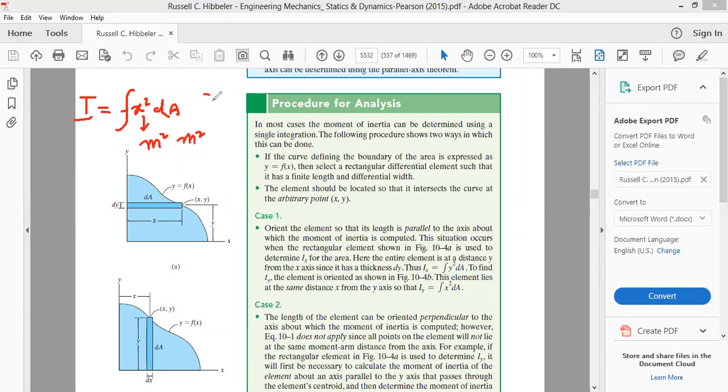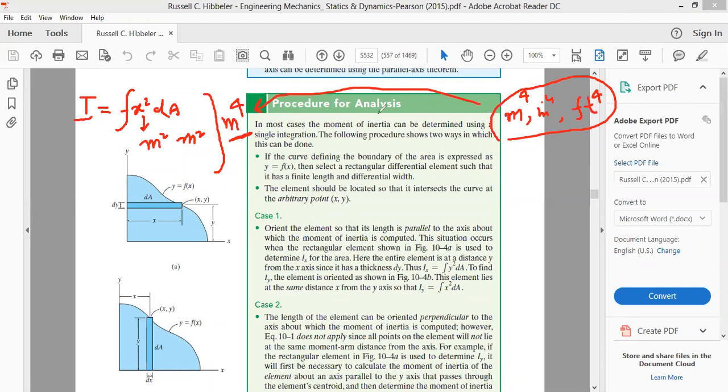Therefore the unit of moment of inertia is meter raised to the power 4. In the SI system the units are meter to the power 4; it could also be inch to the power 4, or feet to the power 4, and so on. So units of distance raised to the power 4 are the units of the moment of inertia. So this is moment of inertia and the parallel axis theorem.